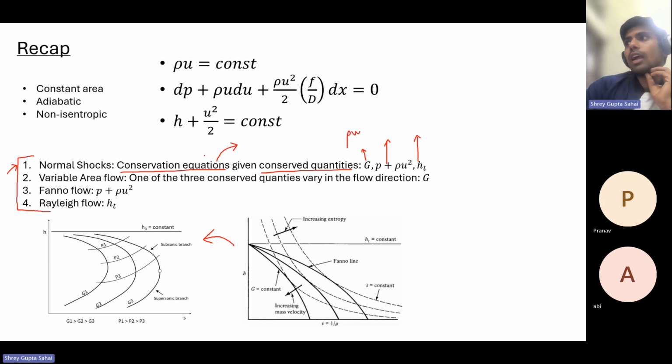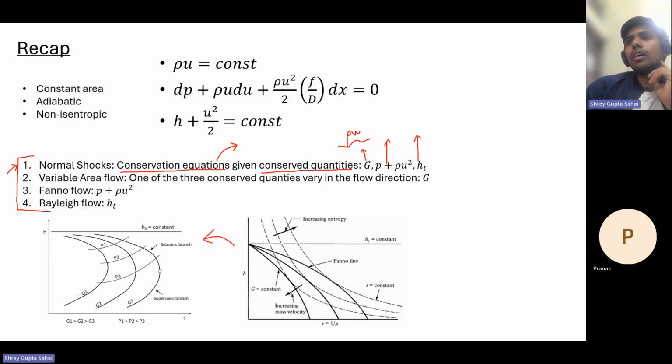But then we start playing around with these three conserved quantities, and we see if we allow each of them to vary, we'll get a specific one-dimensional flow. So for a variable area flow, G starts varying, whereas P plus rho u square and HT remain conserved.